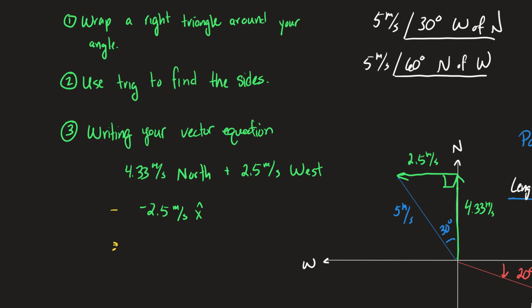And it's a unit vector that just assigns it to be in the x direction. And then I say plus 4.33 meters per second in the direction of y. This is also acceptable, I like this one better because it's got positives and negatives where they exist.